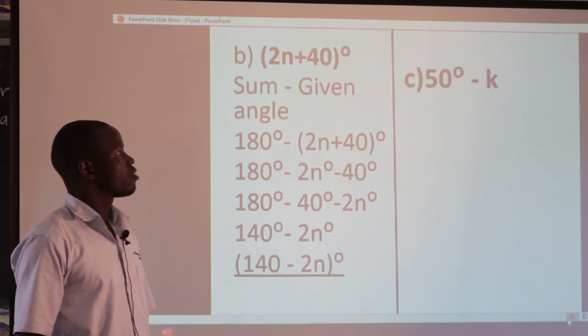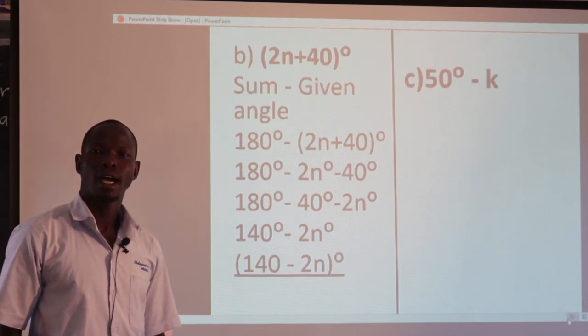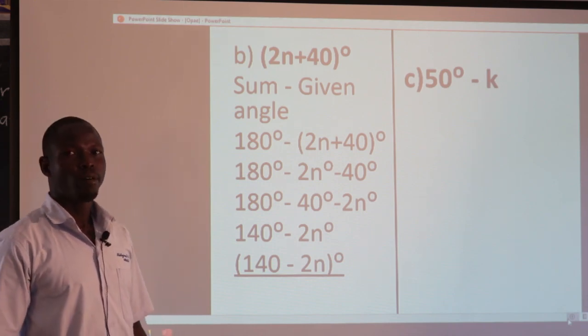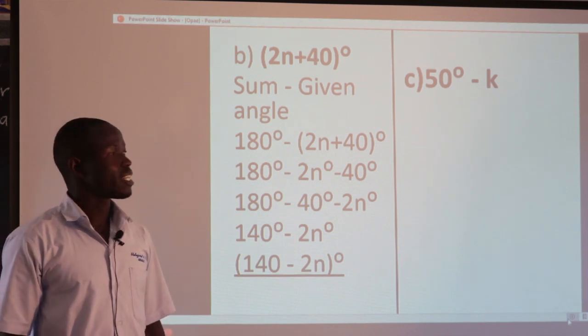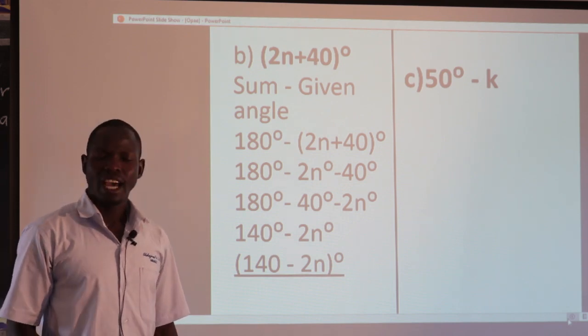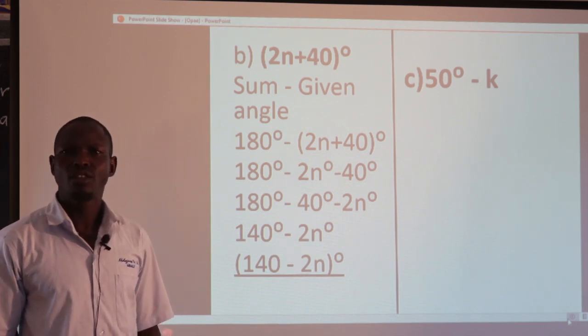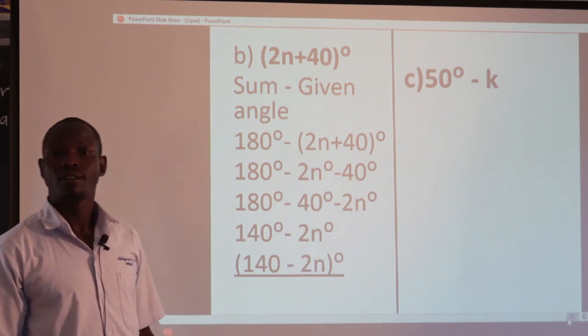There is a little bit of difference between example B and C. Example C does not have brackets. But you can see it has a number, which is 50 degrees, and it has k. In this case, we see a degree is on 50, but k does not have what?